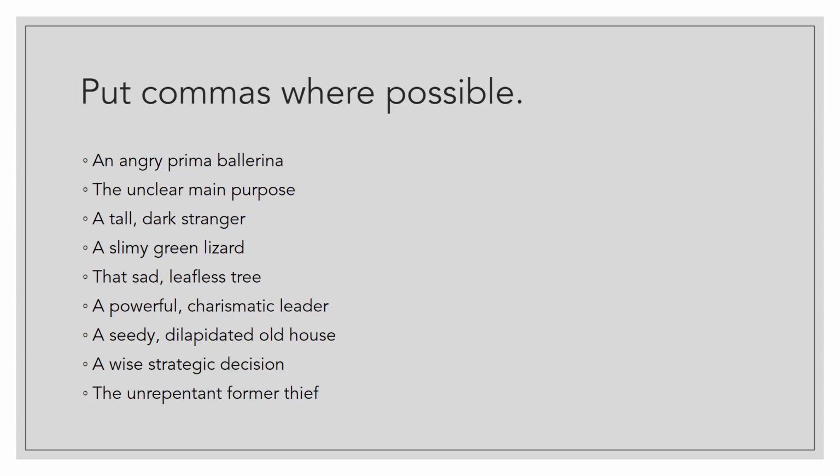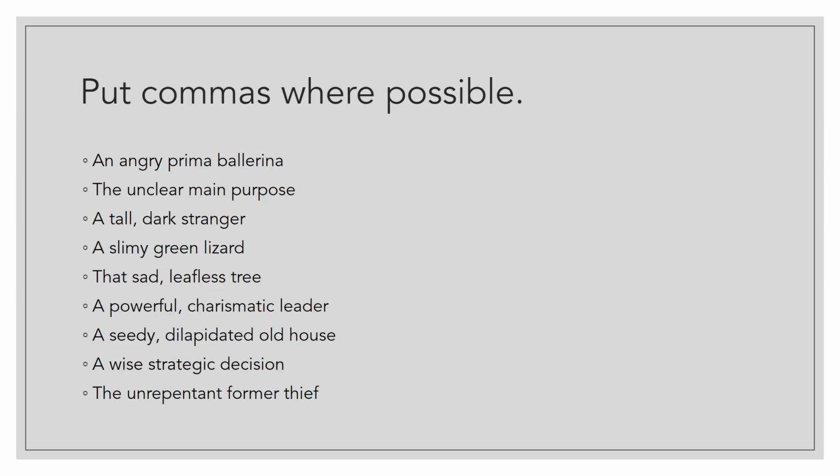Just like seedy, dilapidated are describing the quality of that old house, but the old is describing the age of the house. And so could we put a comma between dilapidated and old? Maybe we could put a comma there, but it feels like we don't really need to. A wise and strategic decision.